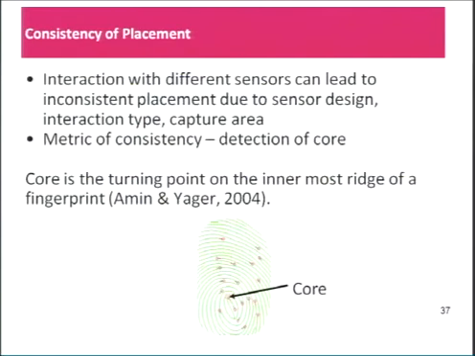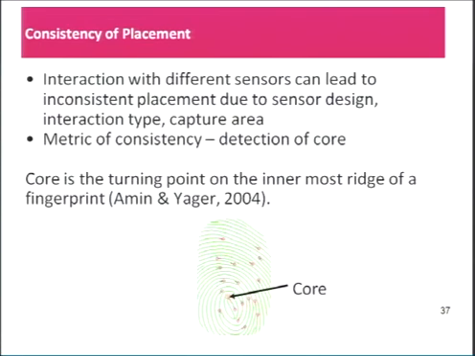So in order to further drill down and see what else was going on with these data sets, a consistency of placement measure was created. And like I mentioned before, the interaction with the different sensors can lead to inconsistent placement. So we decided to look at the metric of consistency, which was if a core is detected in a pair of fingerprints, then that particular pair of fingerprints is said to be consistently placed.